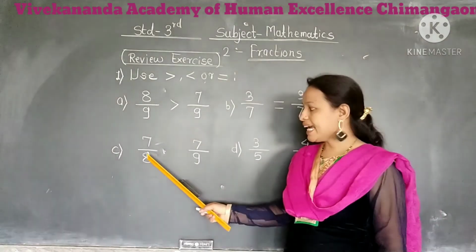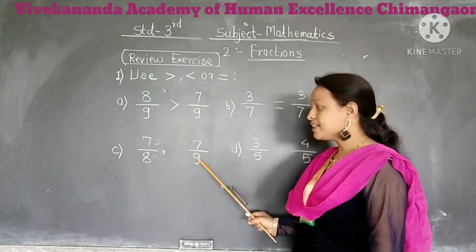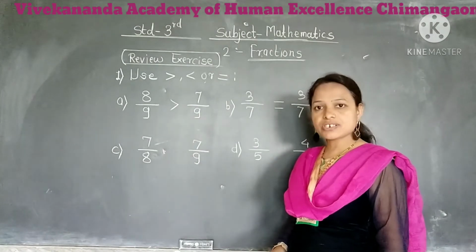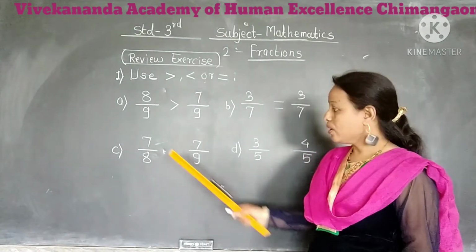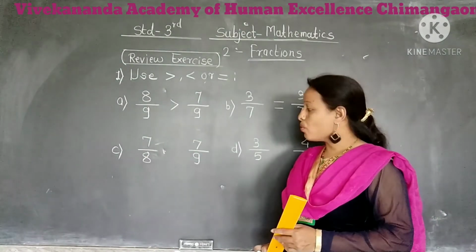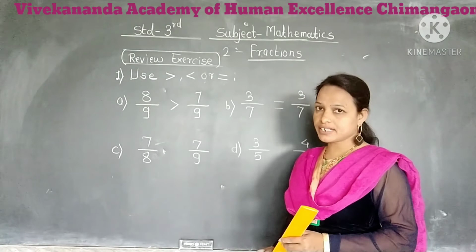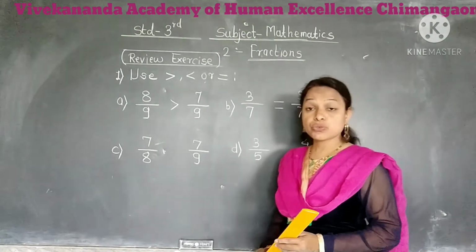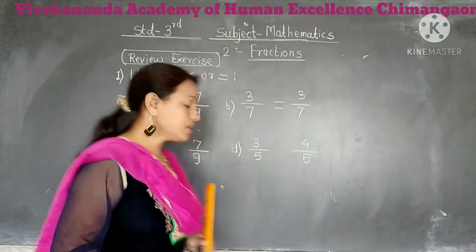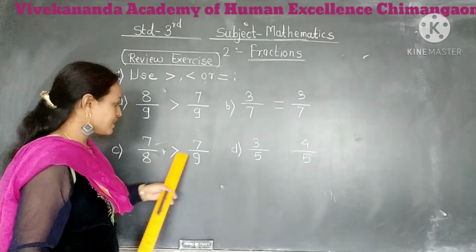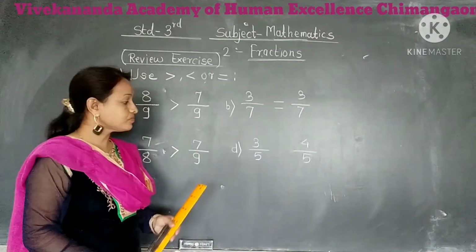Here 8 is smaller than 9. Whose denominator is small, that fraction is the greater fraction. So of 7 upon 8 and 7 upon 9, 7 upon 8 is greater. Why? Because its denominator is small. We have learned that rule. So here we use this sign. 7 upon 8 is greater than 7 upon 9.